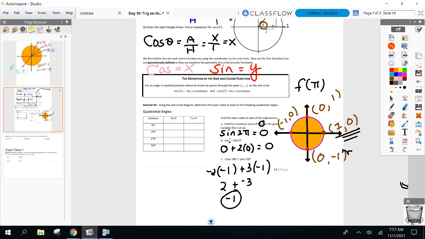Hopefully now we're starting. Oh, geez, I do need to know these coordinates. Sine is your y, cosine is your x.